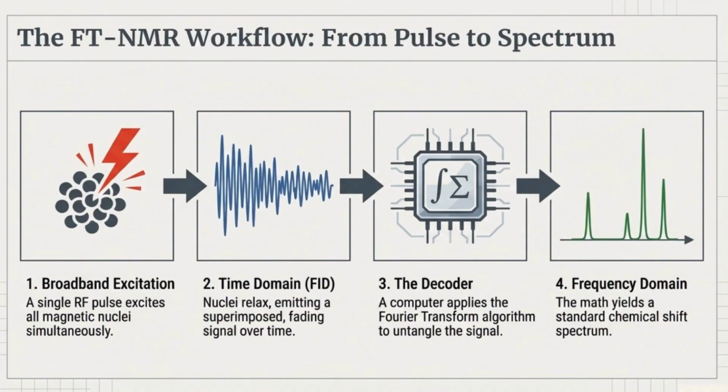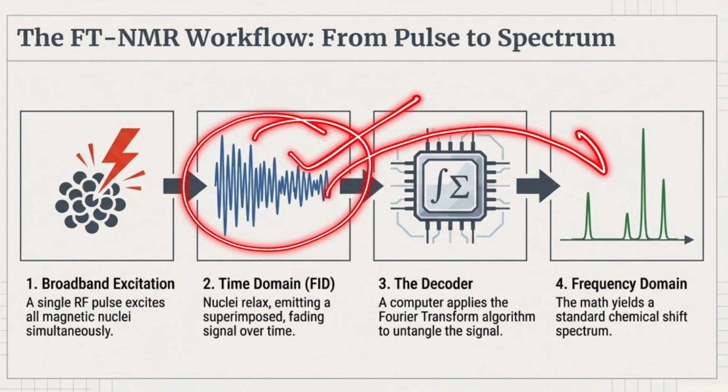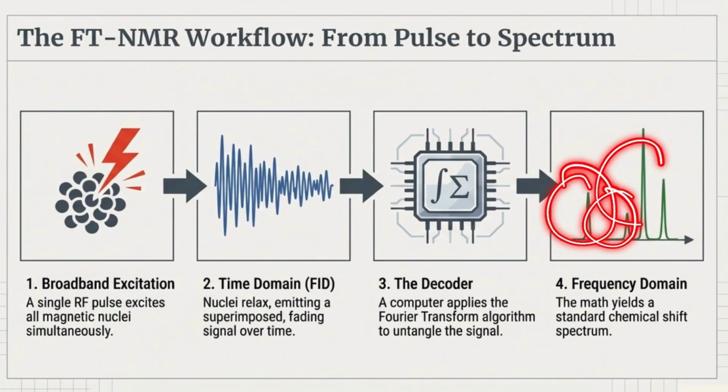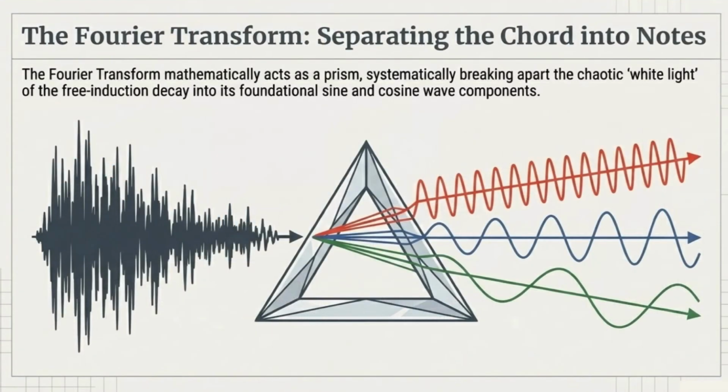After getting excited, they de-excite, and when they de-excite, they emit a signal in the form of a time domain signal. After that, by using computational analysis and the Fourier transform algorithm, we convert this complex FID signal into a simplified frequency domain signal in which we get the peak of every distinct type of proton present in a molecule.